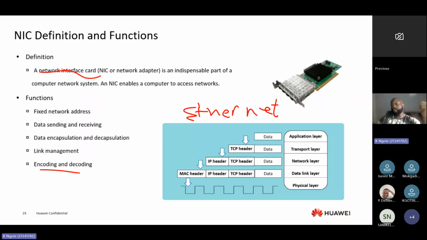It also helps in terms of converting all the computer data into network signals. You need to understand the network just understands electrical signals. Whatever information is happening on your computer, from the time it comes as data from your applications, it needs to go through this card so that the card can convert those data into network signals, which are electrical signals or radio signals.